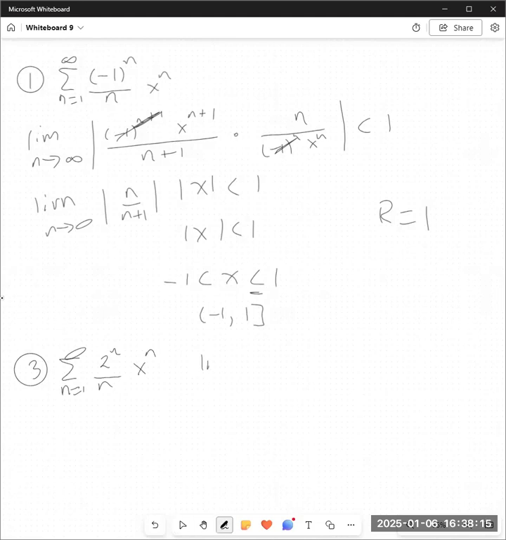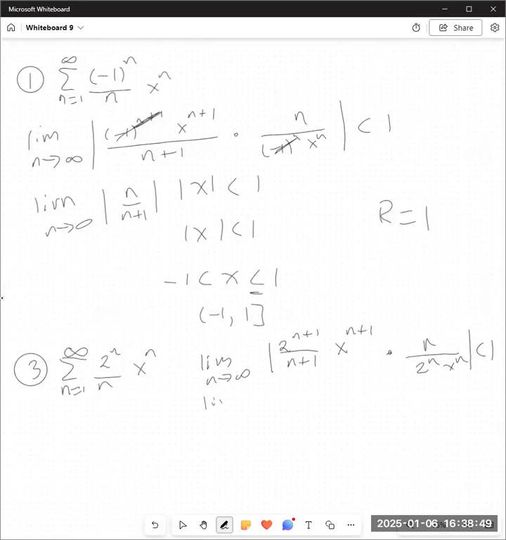So we'll again use the ratio test: 2^(n+1) over n plus 1, x^(n+1), times the reciprocal here, and that needs to be less than 1.